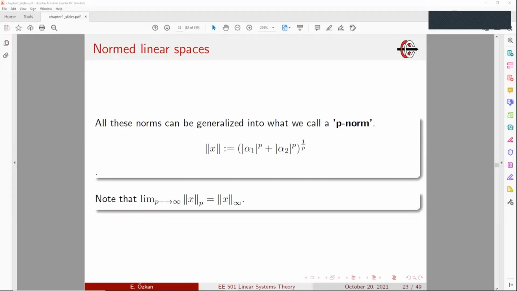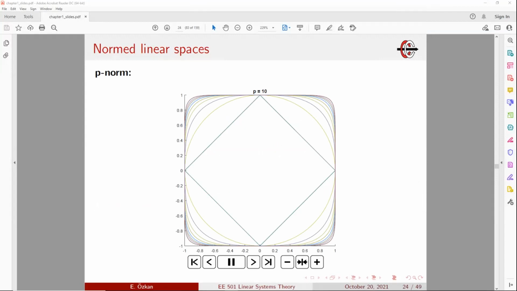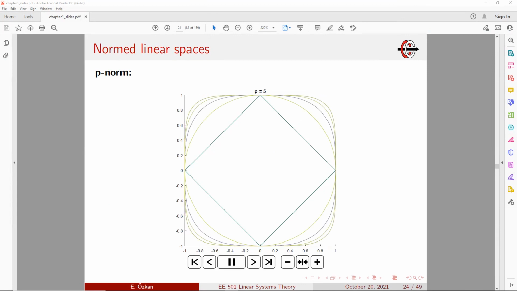So these are the unit spheres for different Lp norms. Okay, so L1, L2, L3, L4, L10, and you see that when p is equal to 10, it already resembles some sort of a square, and as p goes to infinity, that will be a solid square corresponding to the unit sphere with respect to the infinity norm.